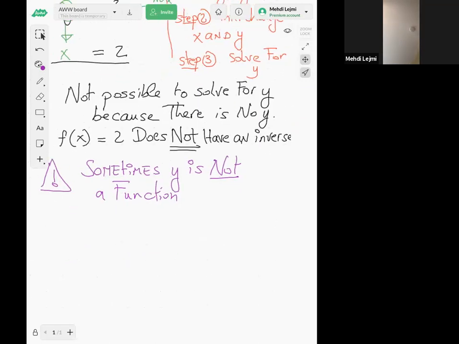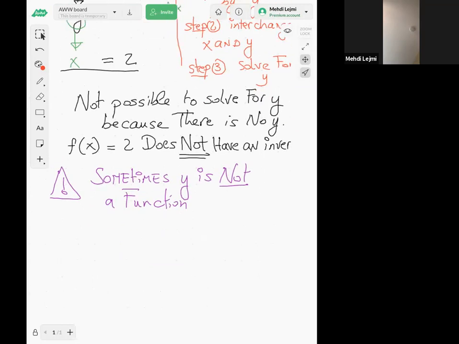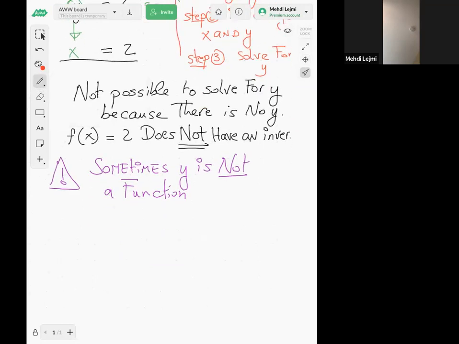So here's an example. I'm going to follow the same steps again. Here's my f of x, and let's say f of x is equal to x squared. We said first replace f of x by y, so this is now y equals x squared.